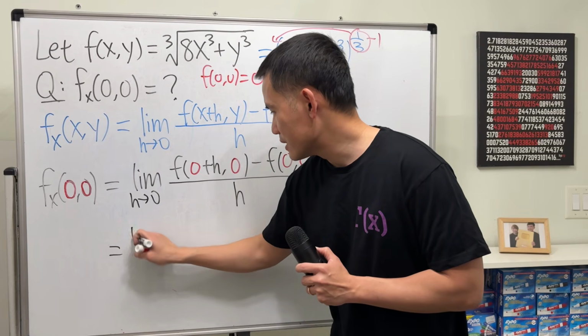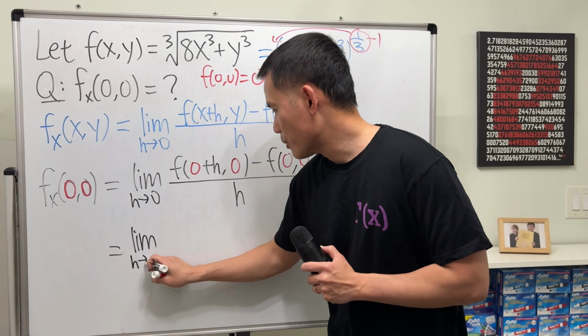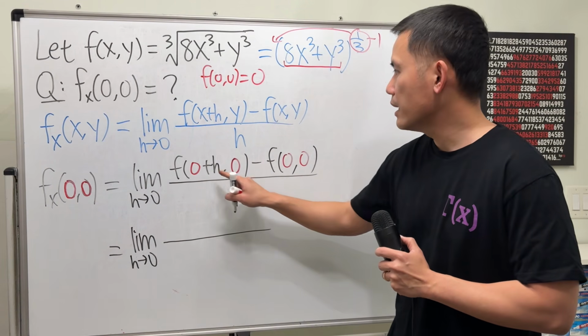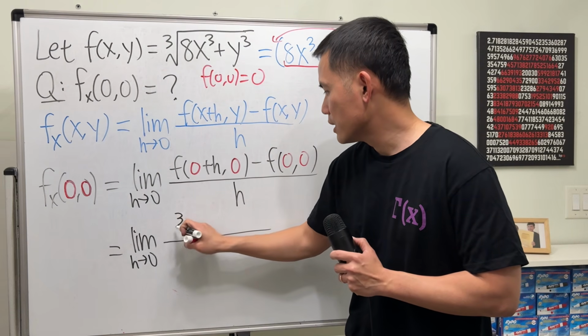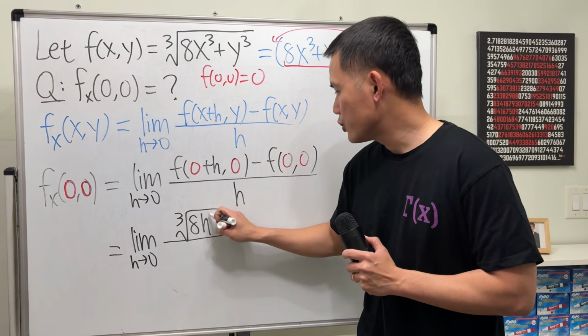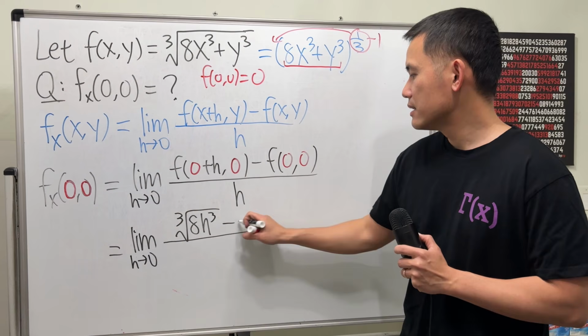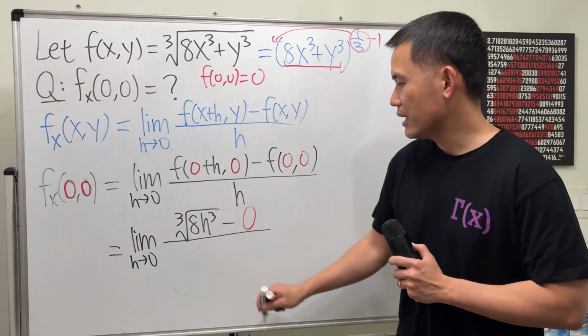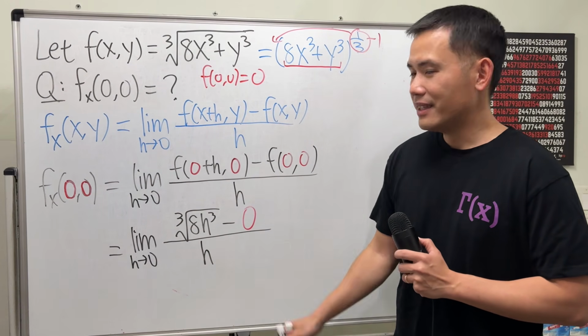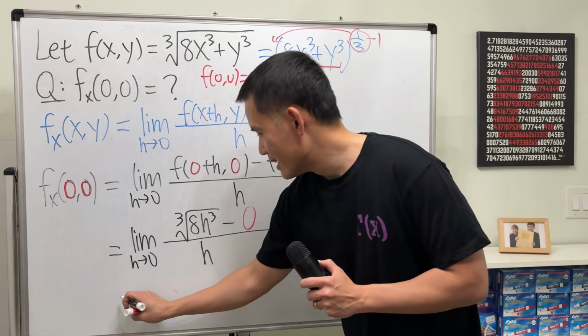So this becomes the limit as h approaches 0. With h in here, we get the cube root of 8h cubed minus 0, which doesn't matter, and then all over h. Now we can simplify this a little bit.